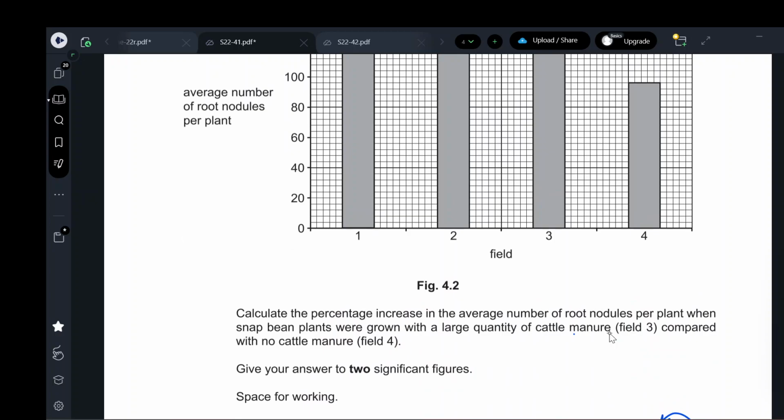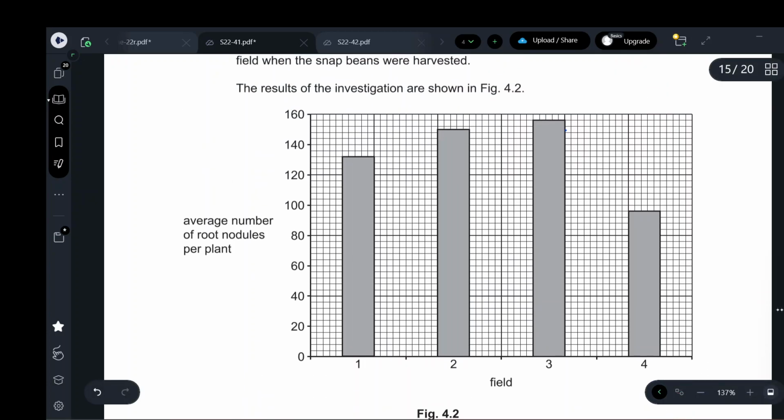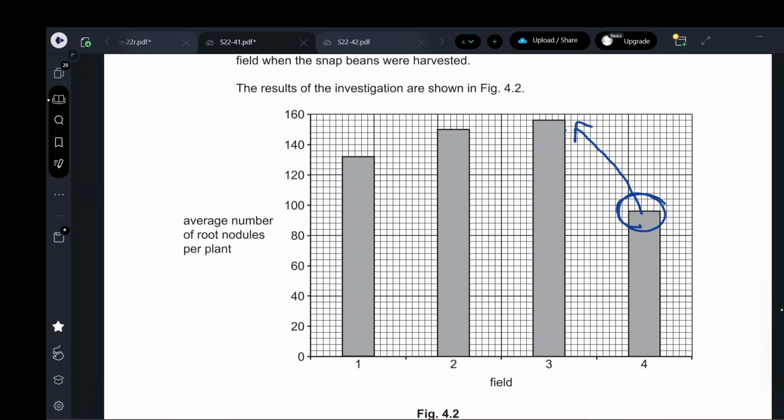The first question was a regular question. Calculate the percentage increase per plant when the snap beans were grown with a large quantity of cattle manure compared with no cattle manure. So how much did it increase? This is your initial number and this is your final number.